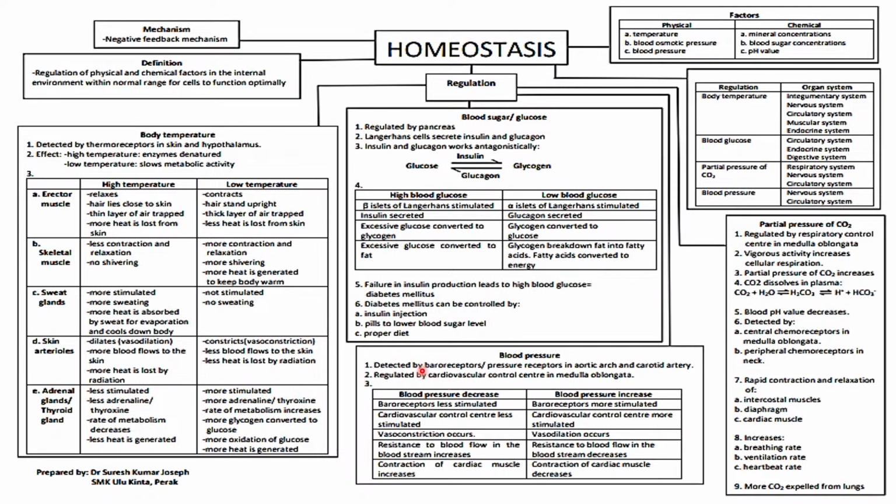So this blood pressure regulation is regulated by the cardiovascular control center in the medulla oblongata. Okay. What happens when the blood pressure decreases? So the baroreceptors will be less stimulated, right? Therefore, the cardiovascular control center will be less stimulated.